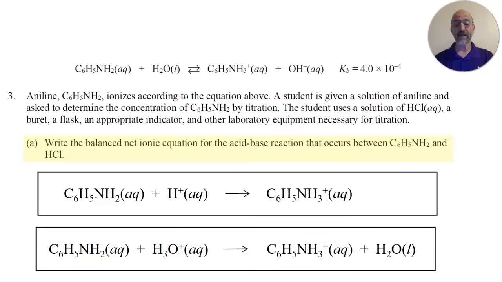Take your choice. If you want to write aniline plus H plus to produce the anilinium ion, that is correct. If you want to show aniline plus the hydronium ion, then on the right side of the equation, you have to show the anilinium ion, or the conjugate acid, plus H2O to make sure all the atoms are balanced. All right, well, that's the answer to part A.